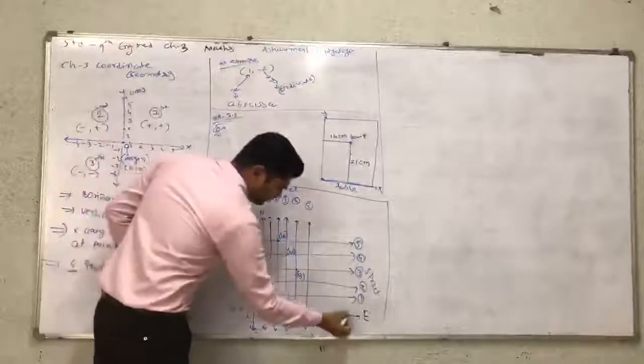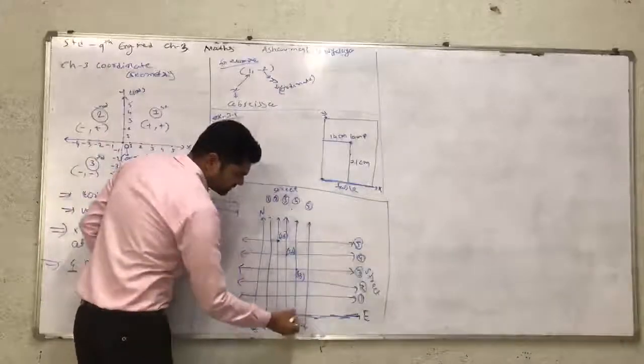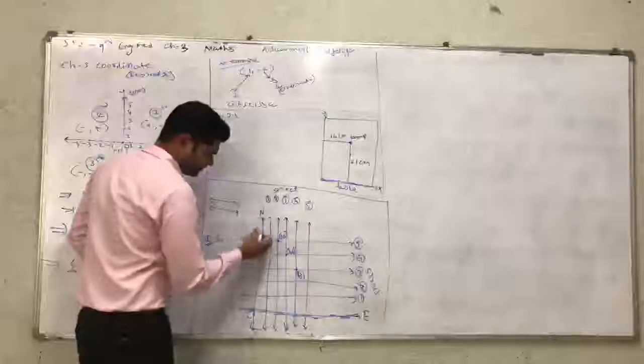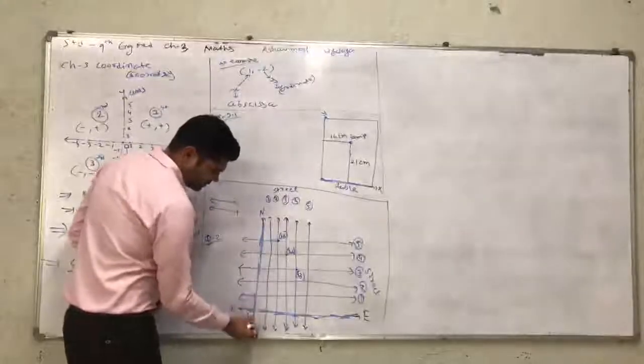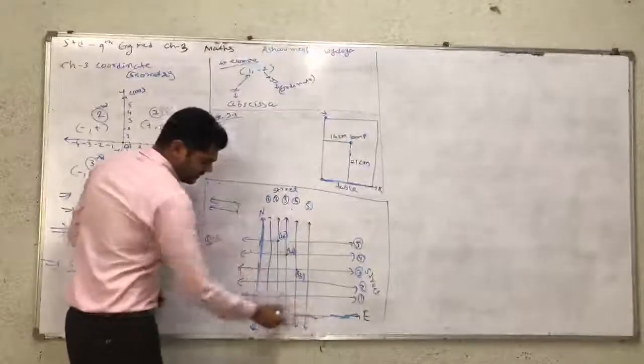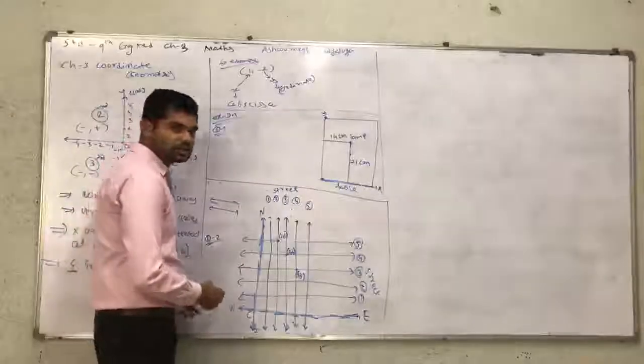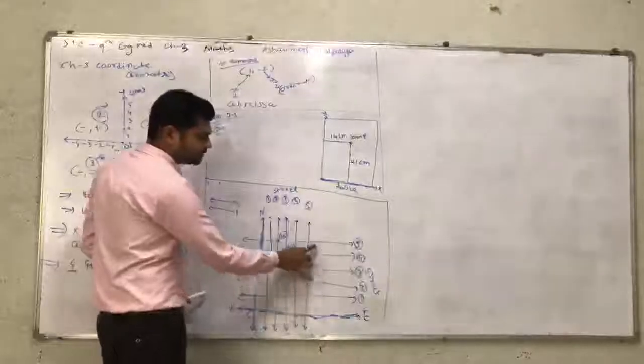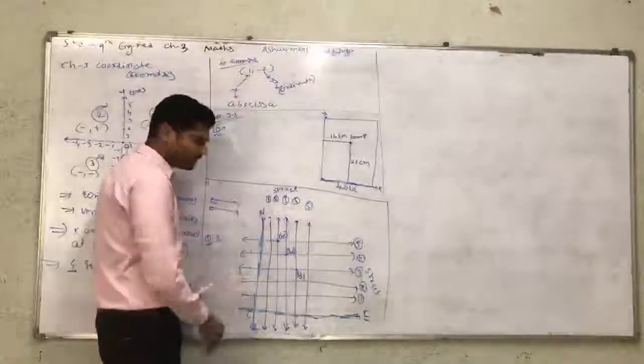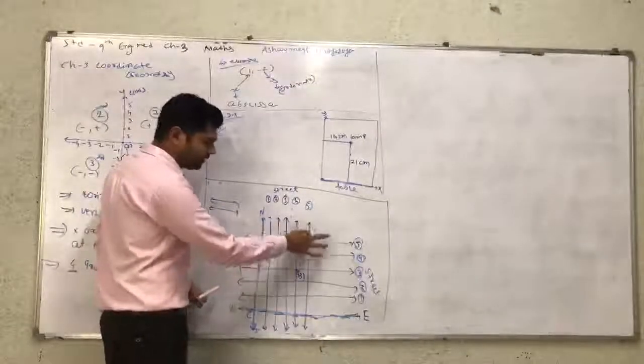So in the east-west direction, a total of 5 lines are parallel to each other: street 1, 2, 3, 4 and 5. In a similar way, horizontally 1, 2, 3, 4 and 5.